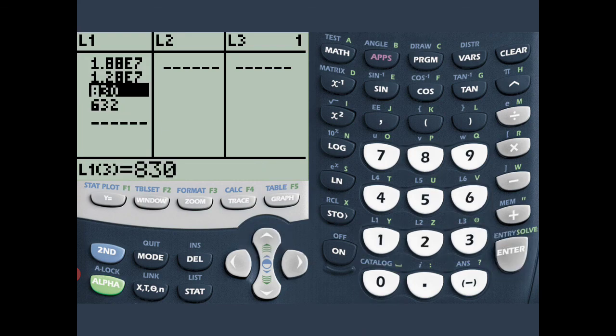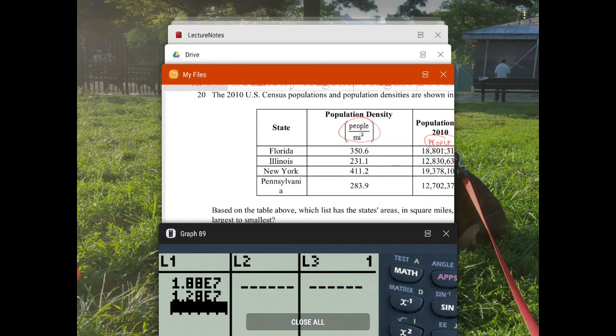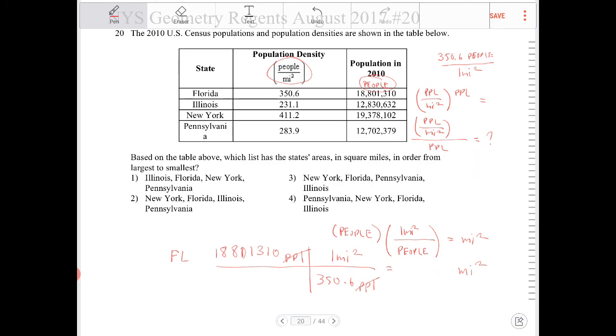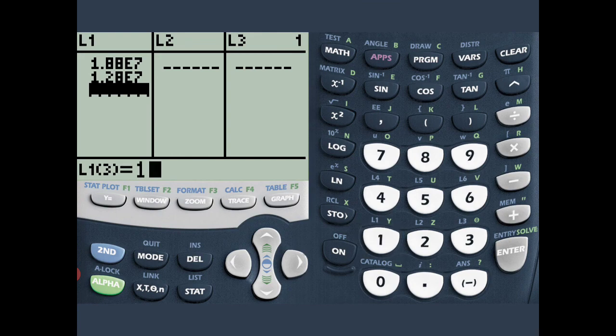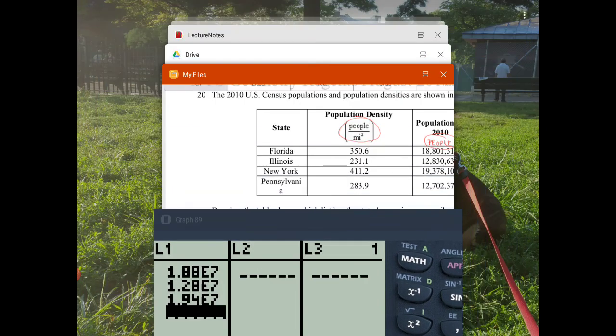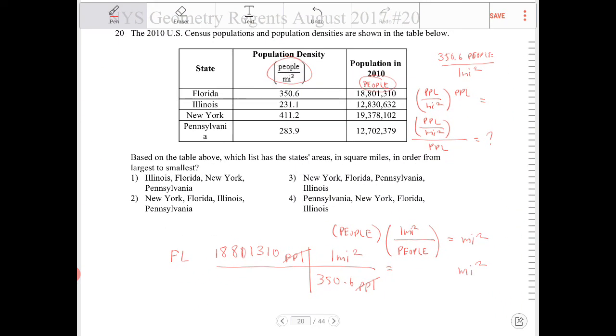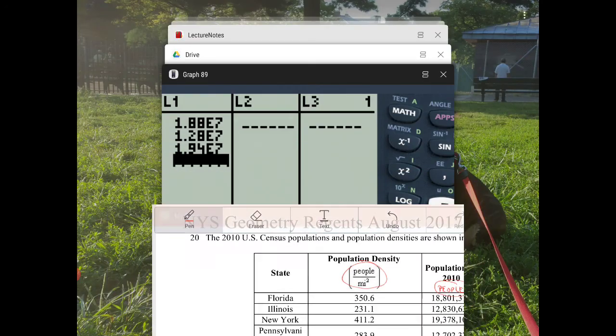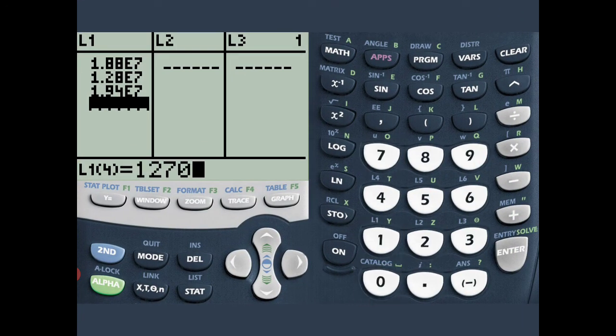The third number is 19,378,102. And the last number is 12,702,379. So that column, L1, has quantities of just people.